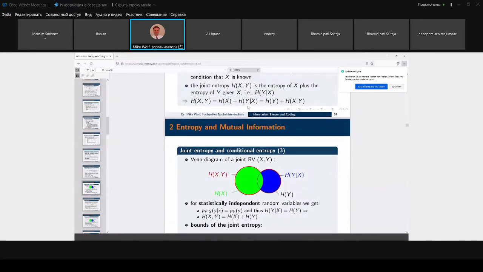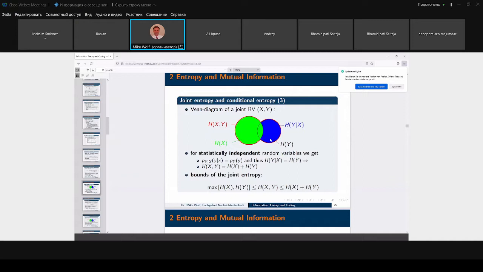And we already discussed the so-called Venn diagram, which is shown here. And according to the Venn diagram, it's easy to understand the concept of joint entropy. If you have a random variable x, and if you have a random variable y, both have a certain entropy, but the surprise in x and y together may be lower than the surprise in x and y separately, because x and y can be statistically dependent.